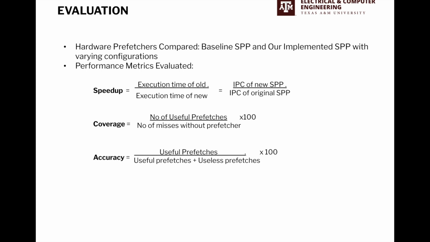Coverage is a measure of the number of useful prefetches against the number of misses without the prefetcher. It basically explains the hit rate, so the number of misses that are being effectively eliminated is indicated by this parameter. Then the accuracy is the ratio of useful prefetches to the sum of useful and useless prefetches. It measures how many unnecessary prefetches have been taken, and it talks about the pollution of the cache.